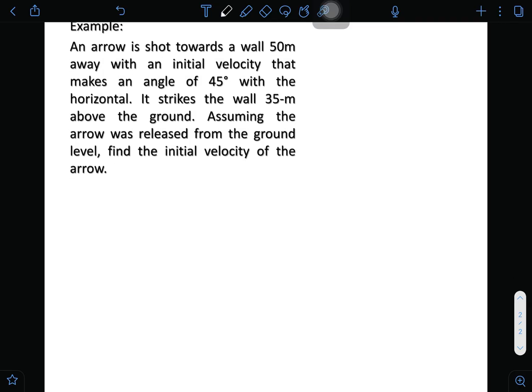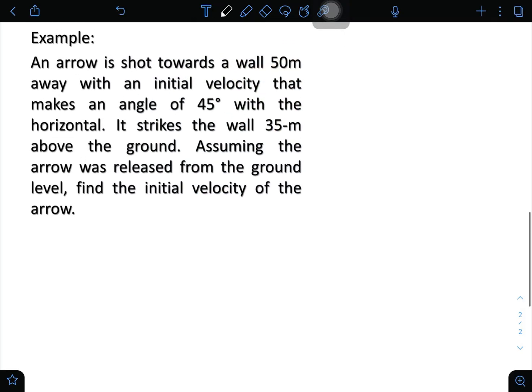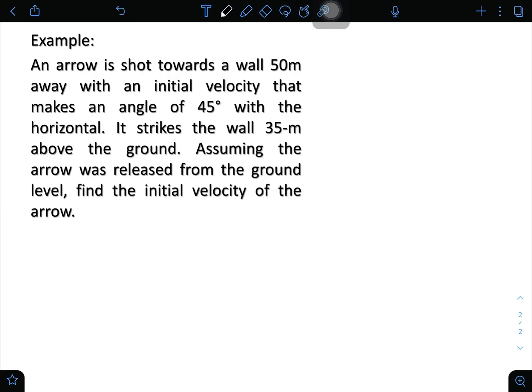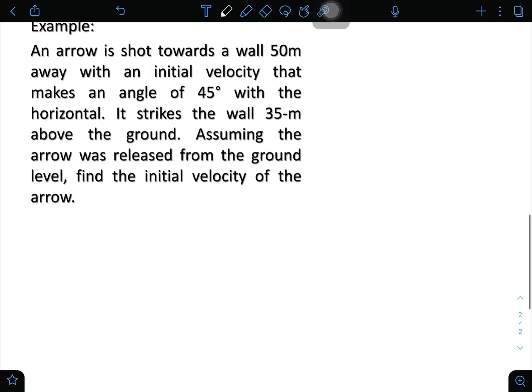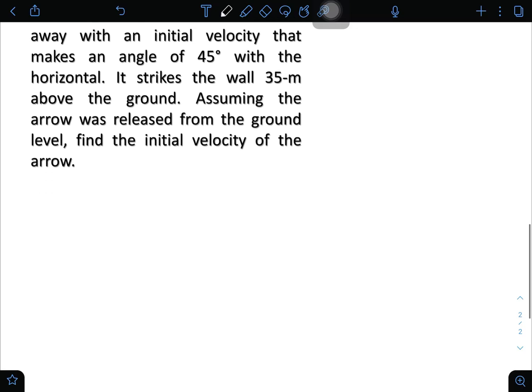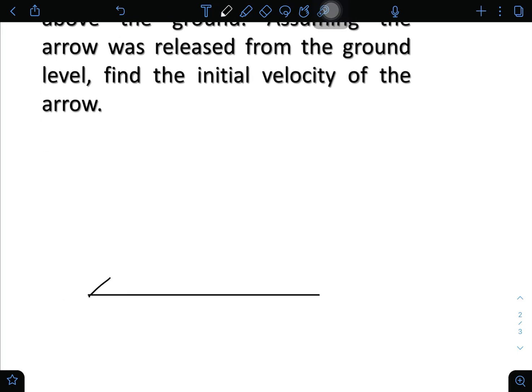Okay, so first we're going to identify the givens. The given are the distance of the arrow. Say for example this is the ground, and the arrow, I'm going to represent the arrow something like this.